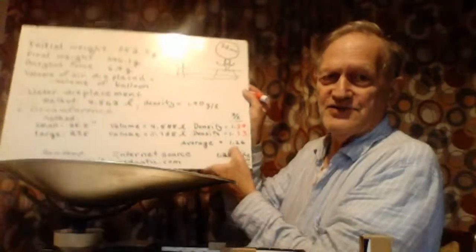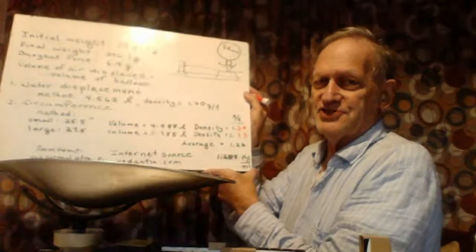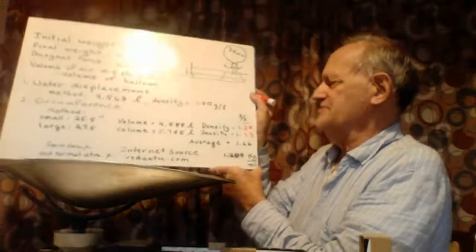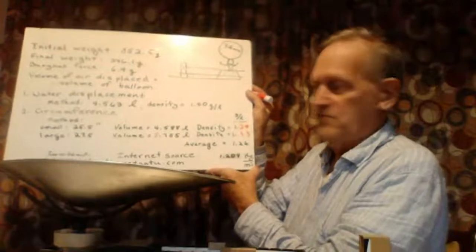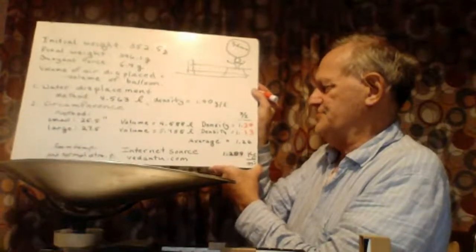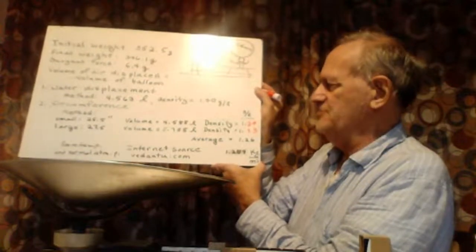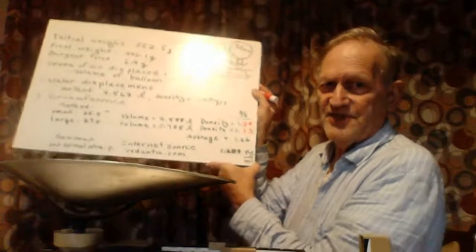Now, if you average these two together, and I'm not saying that this is statistically the most accurate way to treat these figures, but let's say we just take the average of these two high and low estimates, we would get about 1.26 grams per liter as the density of the air.